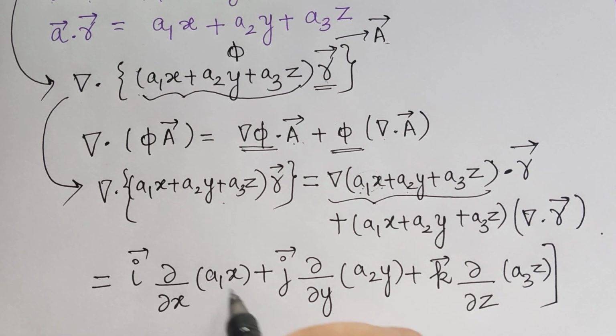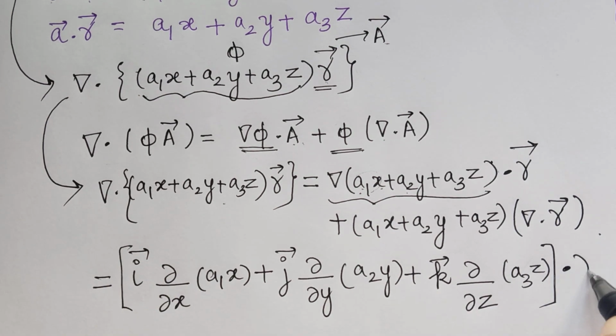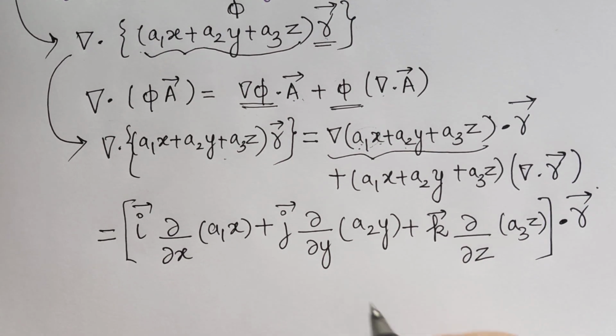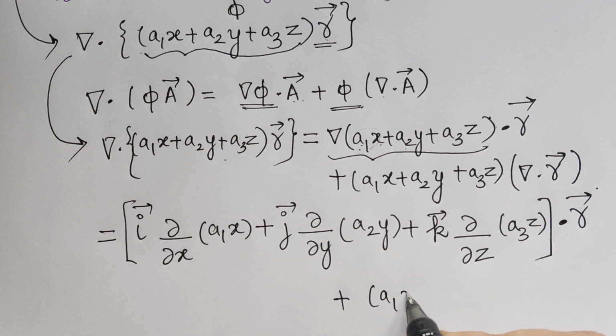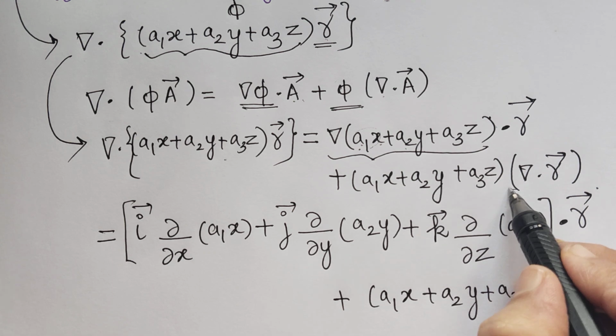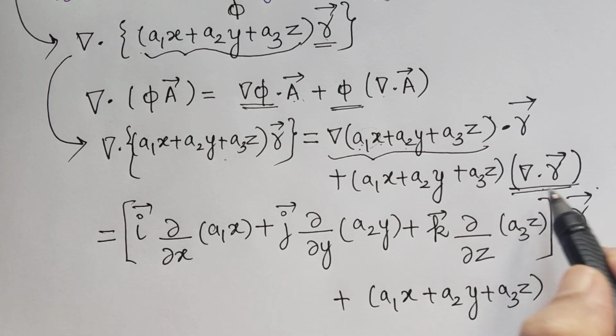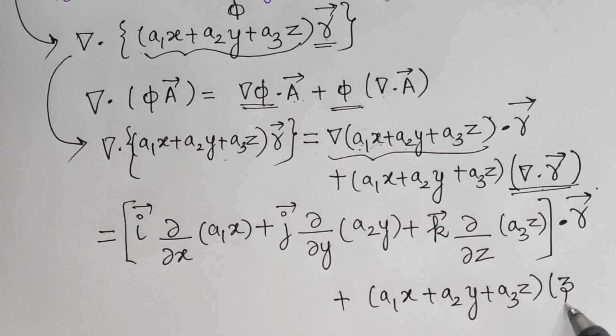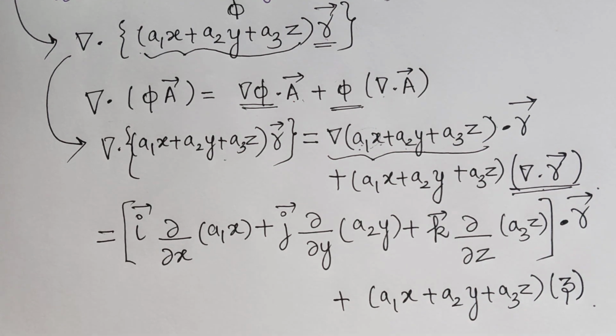Now this whole has to be taken dot product with R vector plus A1x plus A2y plus A3z. And we know that del dot R vector is 3. So the value of del dot R vector is 3. So we can substitute that.